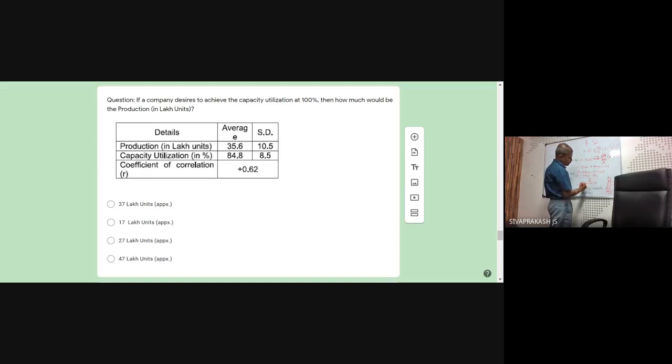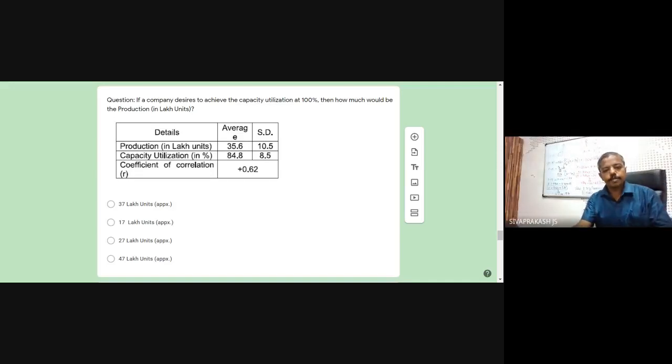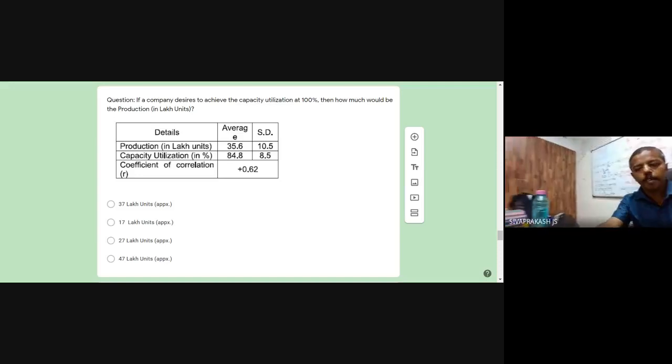The exact answer will not be there. It should be 48 tons production. Is there anything nearer to 48? 47. Yeah, 47 lakhs units we have.